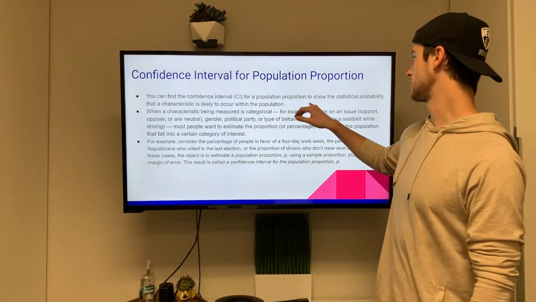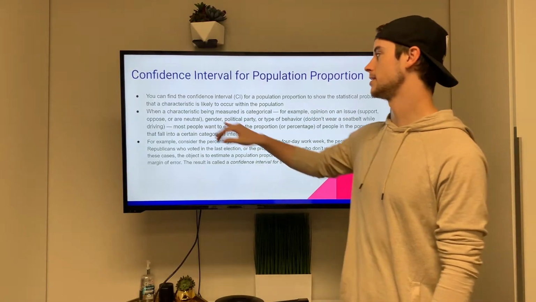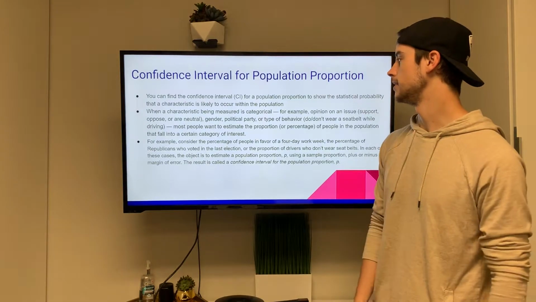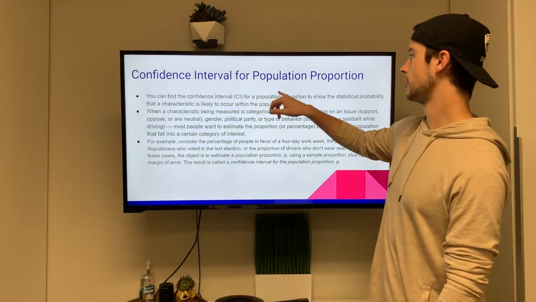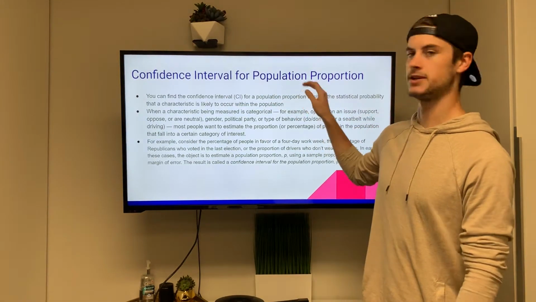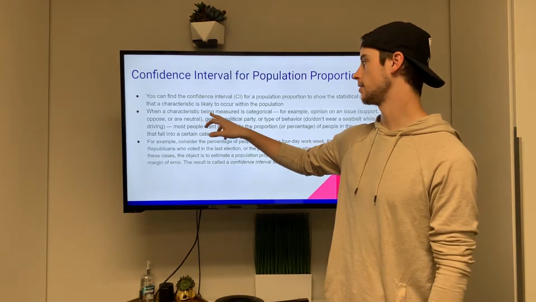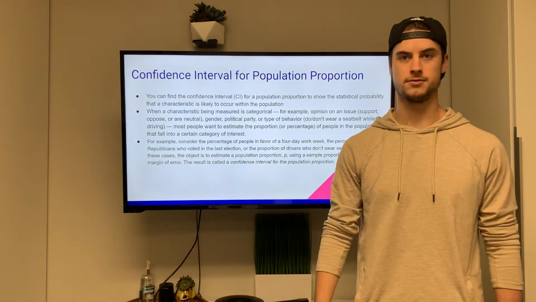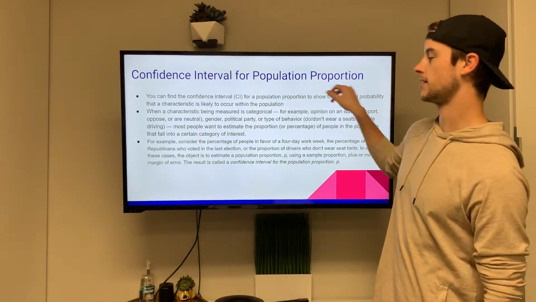For a population proportion, to show the statistical probability that a characteristic is likely to occur within the population, okay? A lot of times we deal with confidence intervals for these kinds of proportions when the characteristic being measured is categorical, right? That's when we deal with these kinds of population proportions.